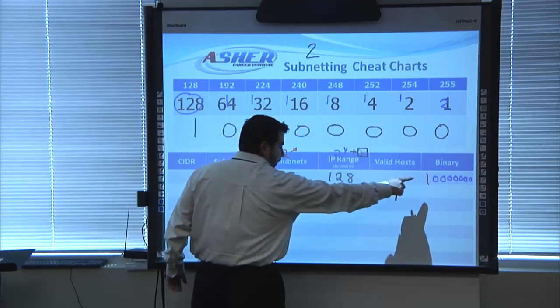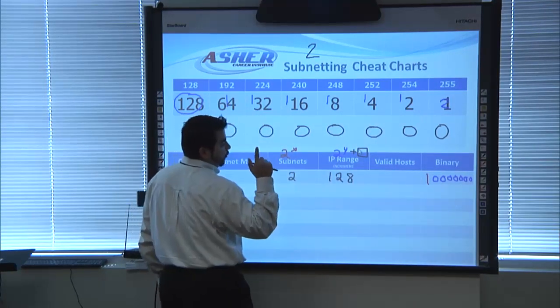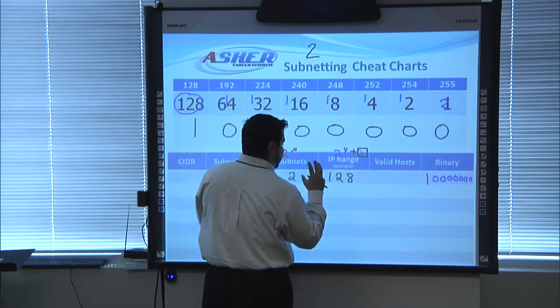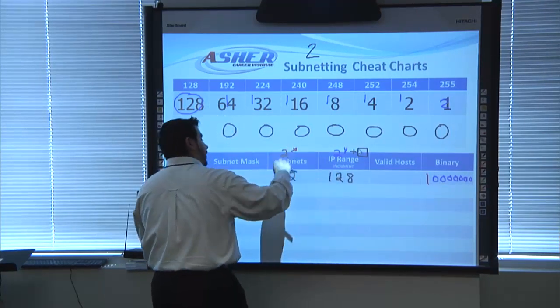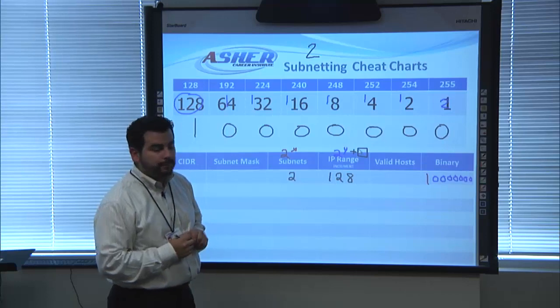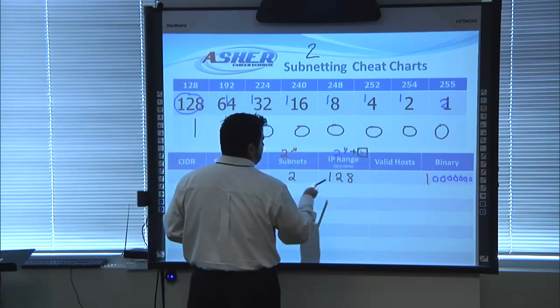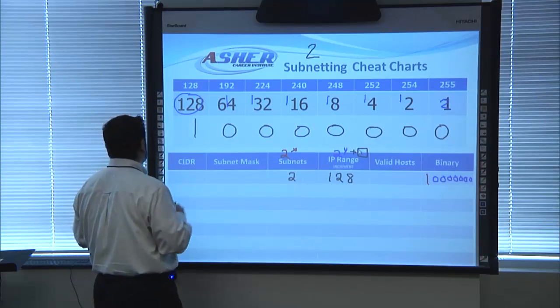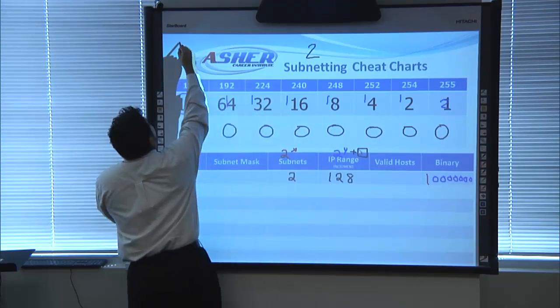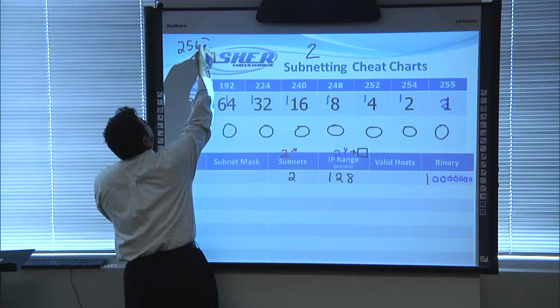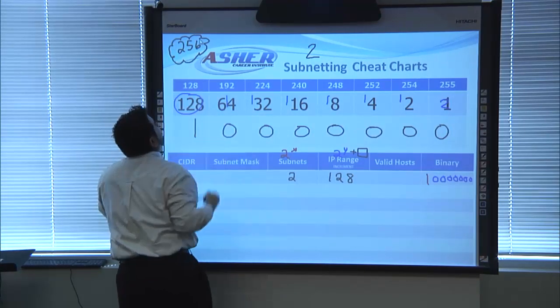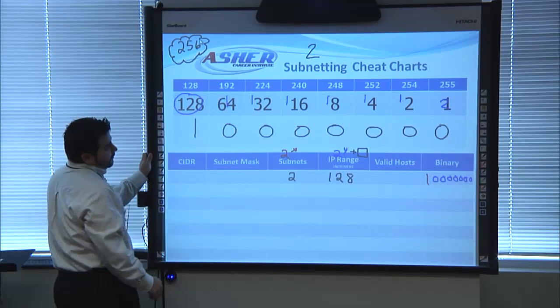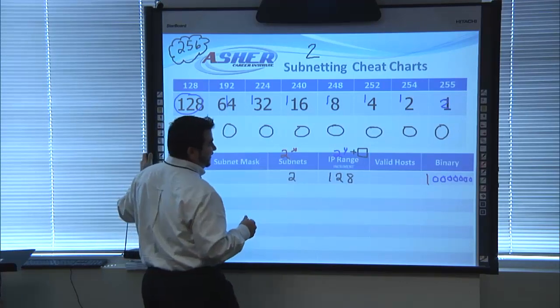If we borrow 1 bit, we're going to have 2 subnets, and a range, or block, of 128 in each subnet. By the way, what's 128 times 2? 256. Magical number. We just keep it up here in the cloud, where everything else lives.